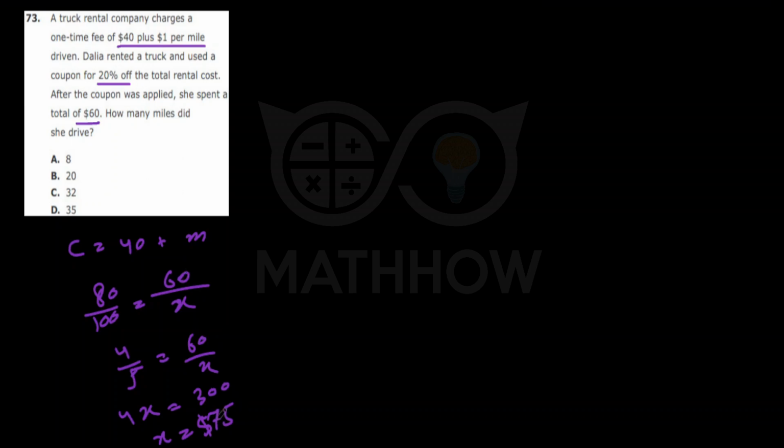So the actual total cost is 75 USD. Substituting 75 in place of C in C equals 40 plus m, and subtracting 40 on both sides, we have 35 equals m. So the total number of miles she drove is 35 miles. Correct answer is option D.